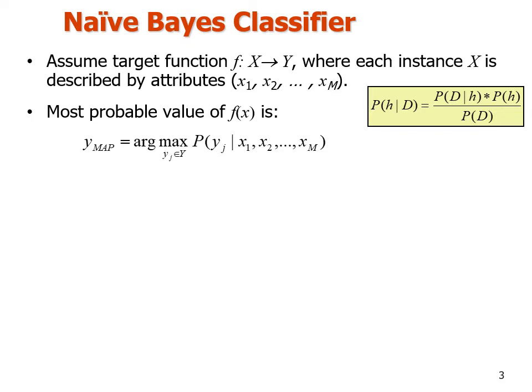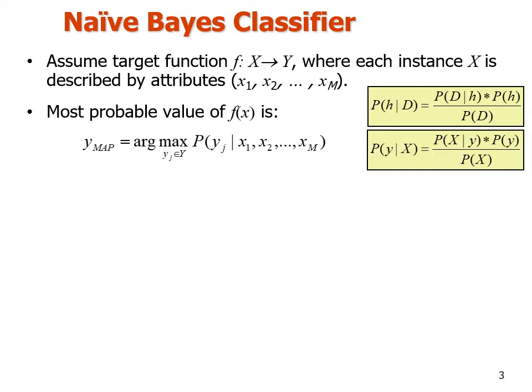So we can replace H and D by y and x respectively, and we can rewrite our Bayes theorem as probability of y given x is equal to probability of x given y into probability of y divided by probability of x.